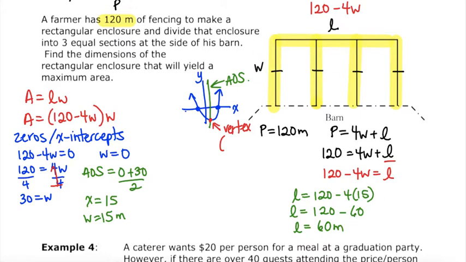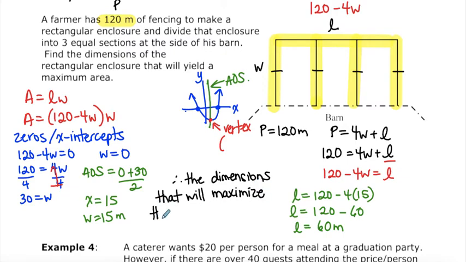So now I can say that, therefore, the dimensions that will maximize the area are 15 meters by 60 meters.